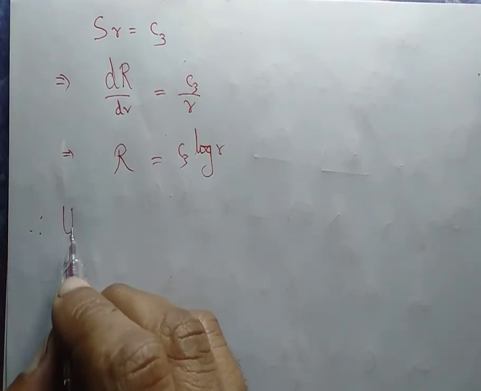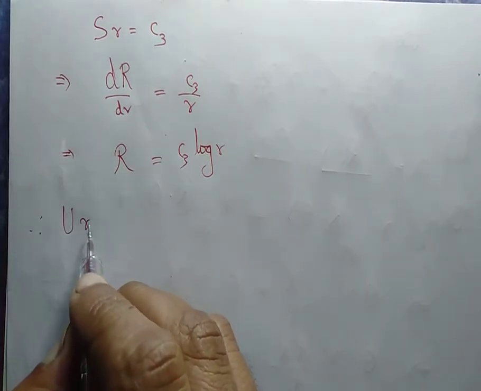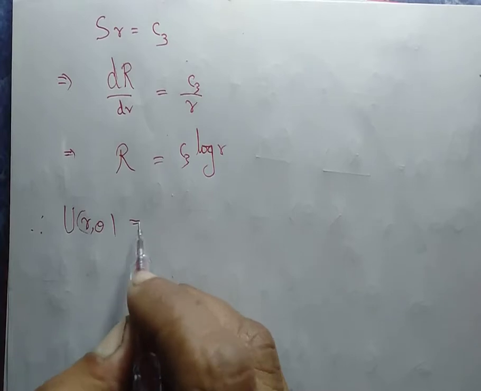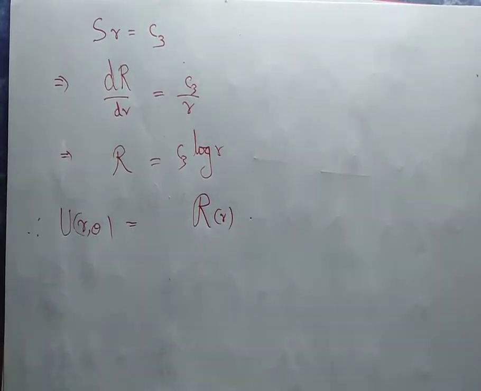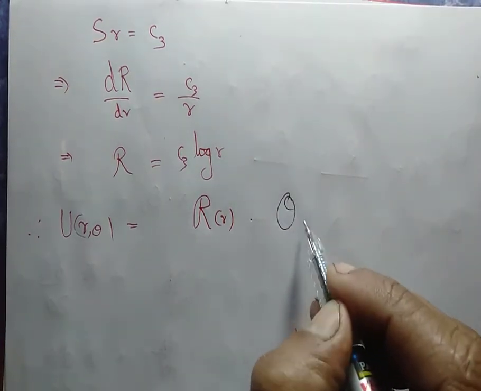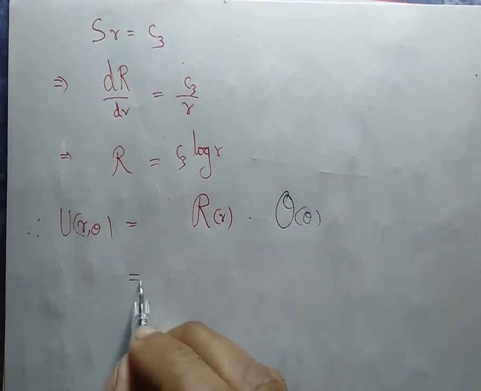Therefore, what is u? u is a function of r comma theta, and that is r, a function of r, into theta, a function of theta.